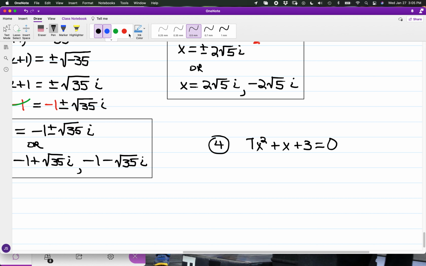Now this trinomial cannot be factored into real integer coefficients, but we can use, as a recourse, the quadratic formula. So you have a at 7, b at 1, and c at 3.